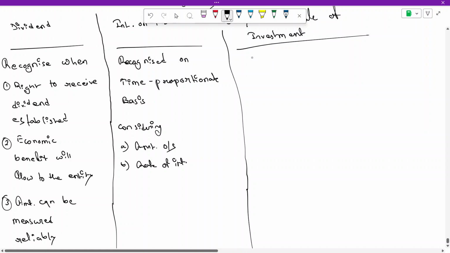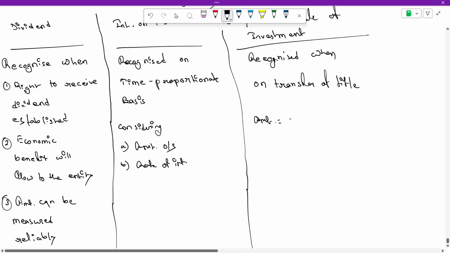And gain or loss on sale of investment will be recognized on transfer of title. And what will be the amount?